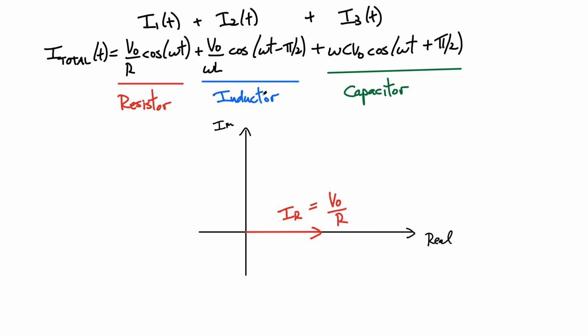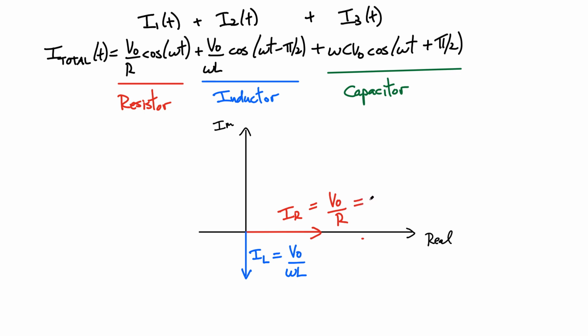All right, the inductor now, I go, well, it's omega t minus pi over 2. It's minus 90 degrees. So minus 90 degrees means I rotate in the clockwise direction. Let's go ahead and do that one in blue. So the amplitude I would write now for the current through the inductor is something like this. And this vector here is what we're going to call IL, the maximum current through the inductor. This is V naught divided by omega L, and we solved for this. Right? We found that this vector over here previously.